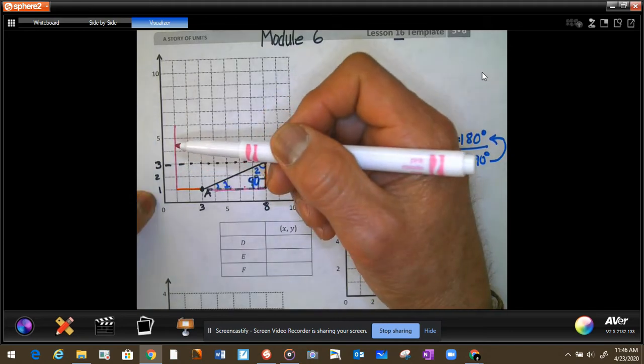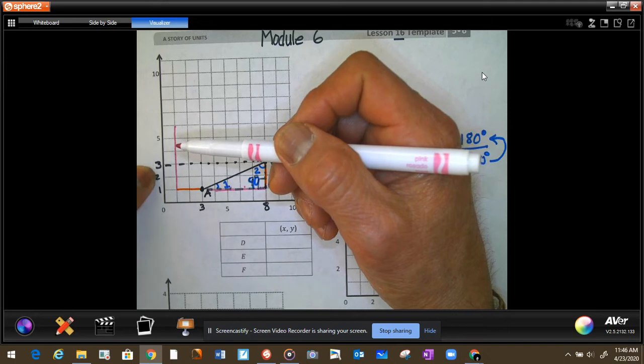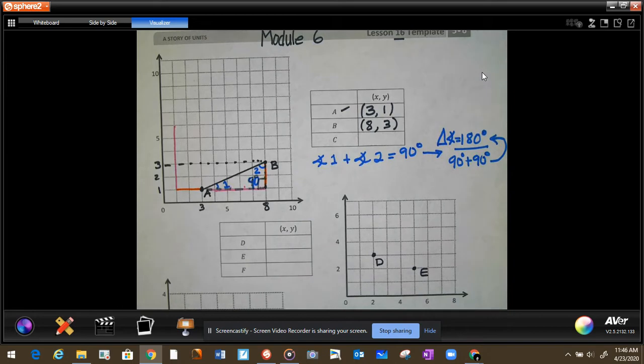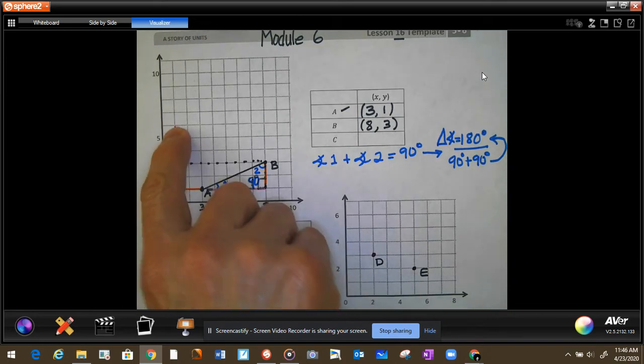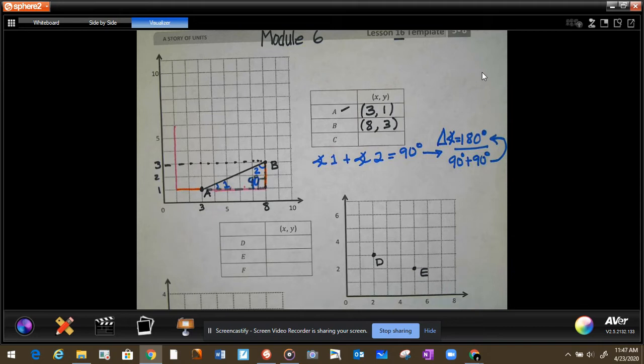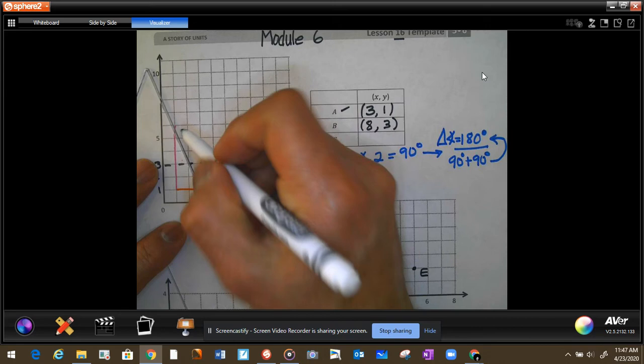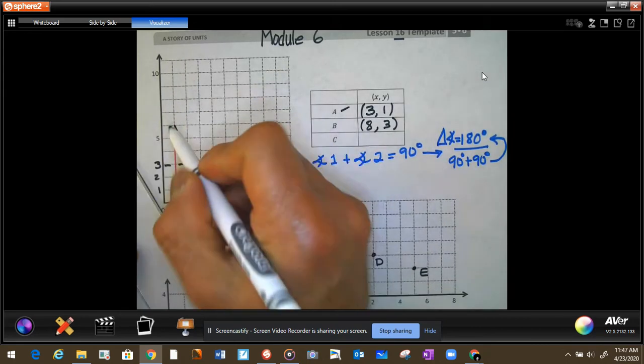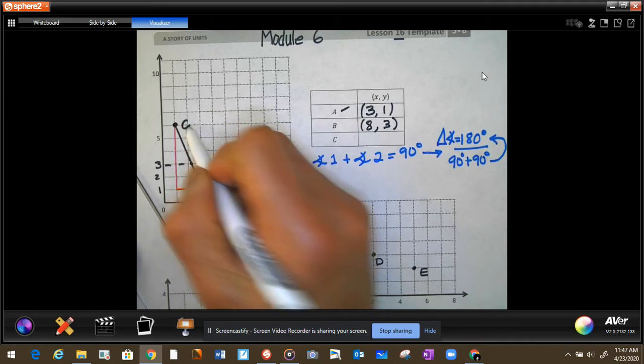I'm not counting the scale on it. I'm basing this on this triangle. Now, did you see where that ended? That's the point that we're looking for. When we connect this dot to the 8 point, this is going to be point C.